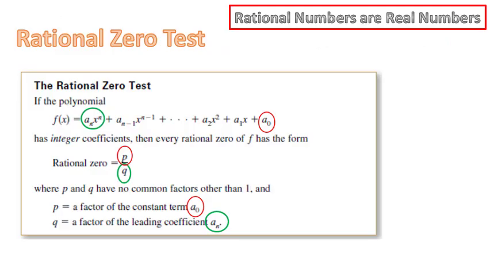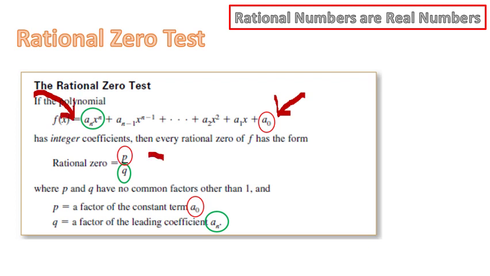The next test that we look at is the rational zero test. Now, the rational zero test tells us the possible rational zeros or the possible real number solutions. All of the possible ones that there could be according to the constant term in the function, and that's what you see circled here in red, and the leading coefficient term of the function.